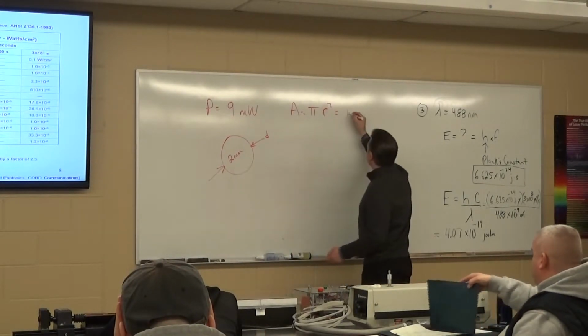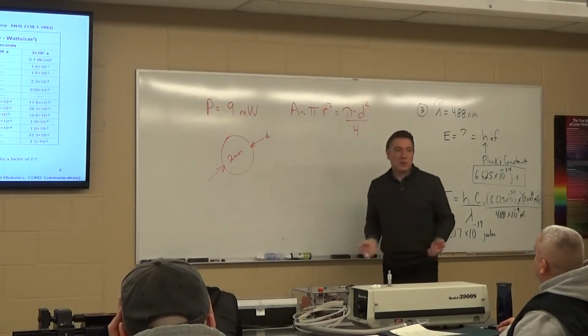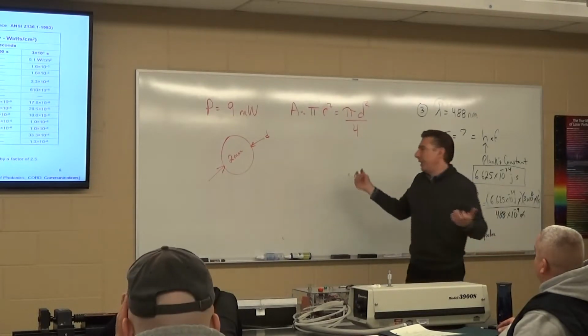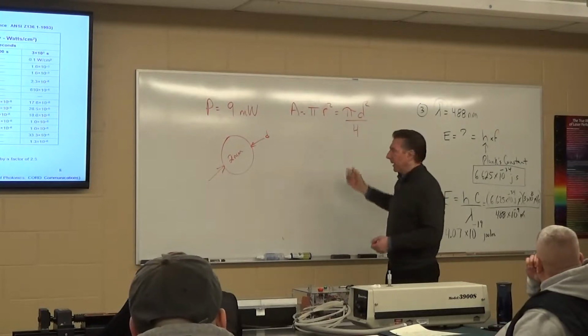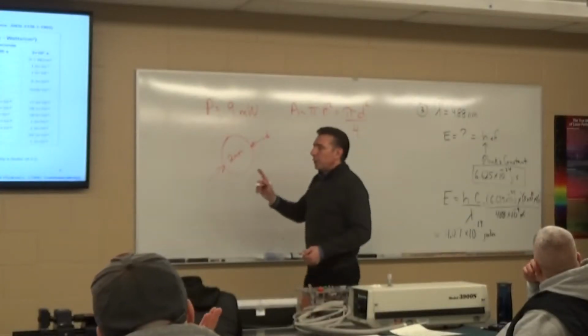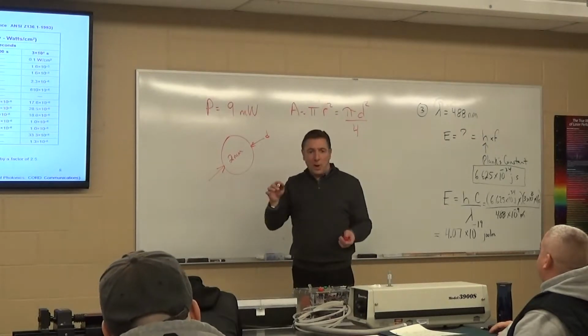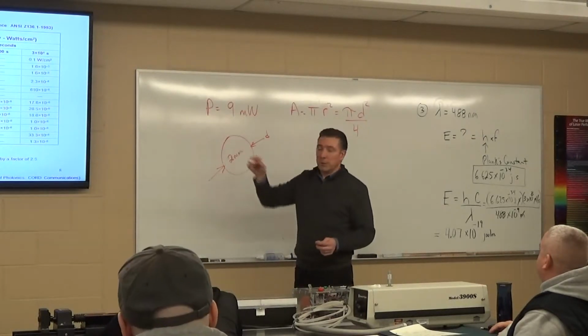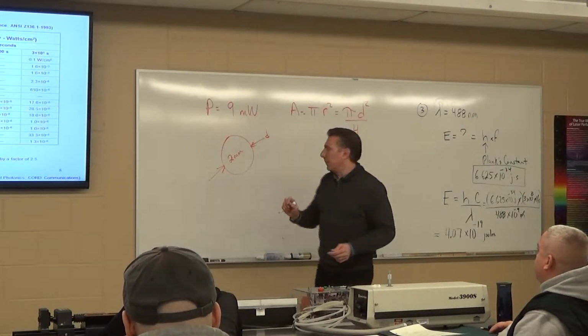Or I like to use pi d squared over 4, because the numbers are usually given as a diameter. Either you can cut it in half and use the radius equation, or this, the same thing. The units we usually want are milliwatts per square centimeter, so we want to make sure the area units are in centimeters.